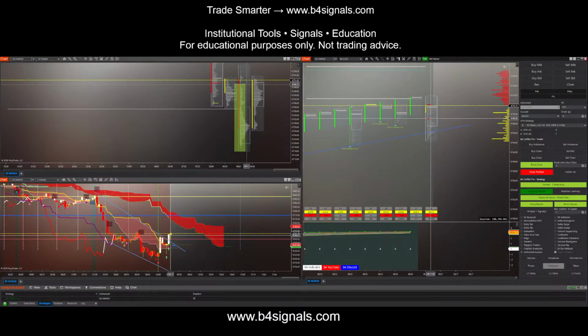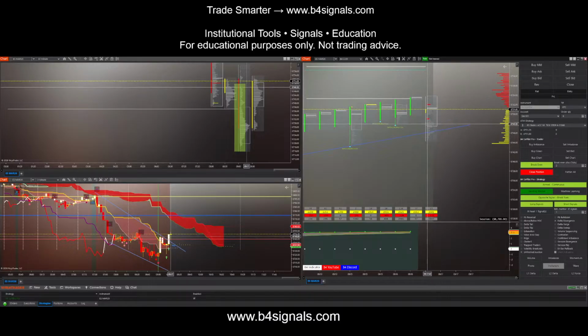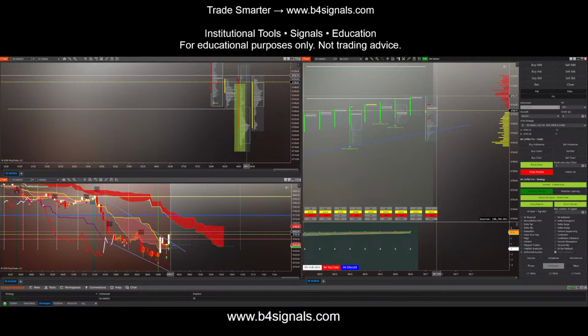The battleground's building in this value area here of this candle. So there's a trade opportunity after each edge here, and it's shifting, changing.